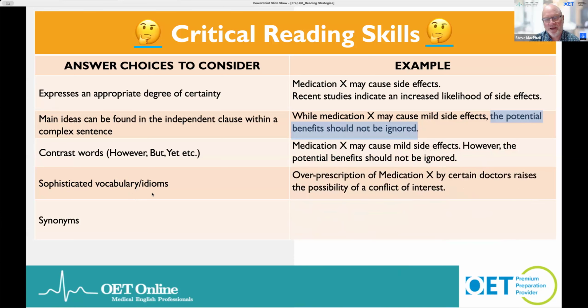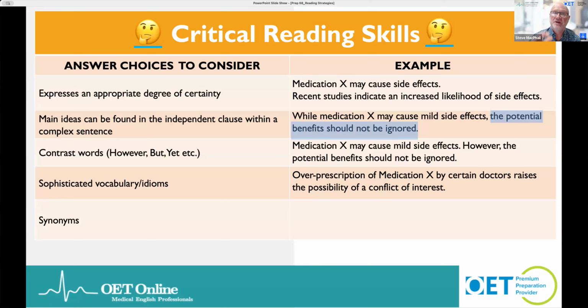Sophisticated vocabulary and idioms. Overprescription of medication X by certain doctors raises the possibility of a conflict of interest. Conflict, two different parties. If there's a conflict of interest, personal interest versus interest to my patient. It's quite formal.